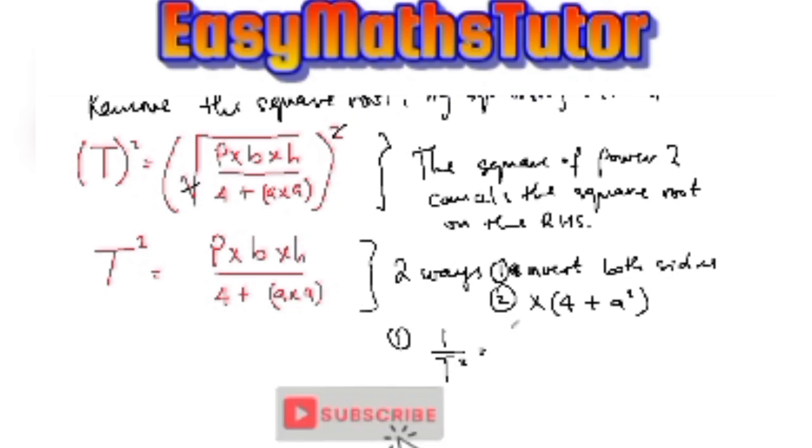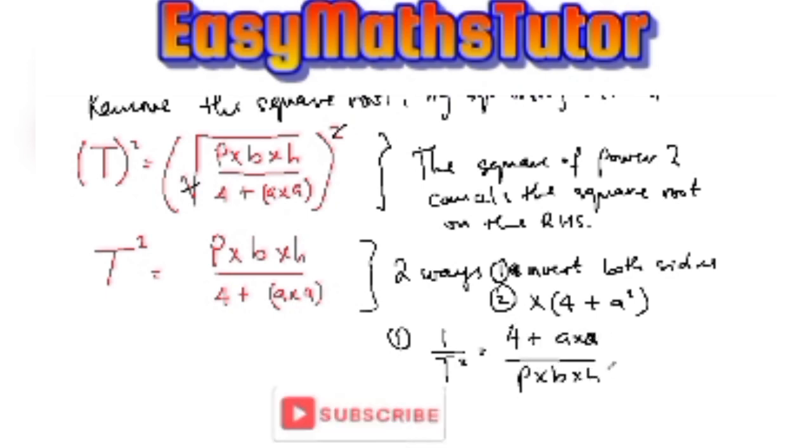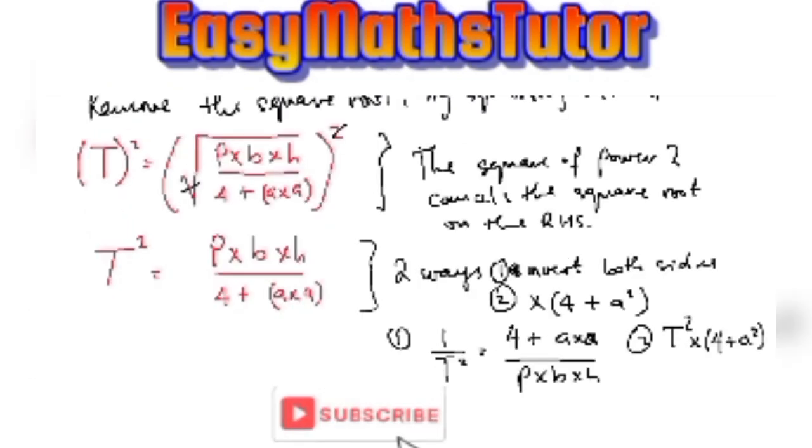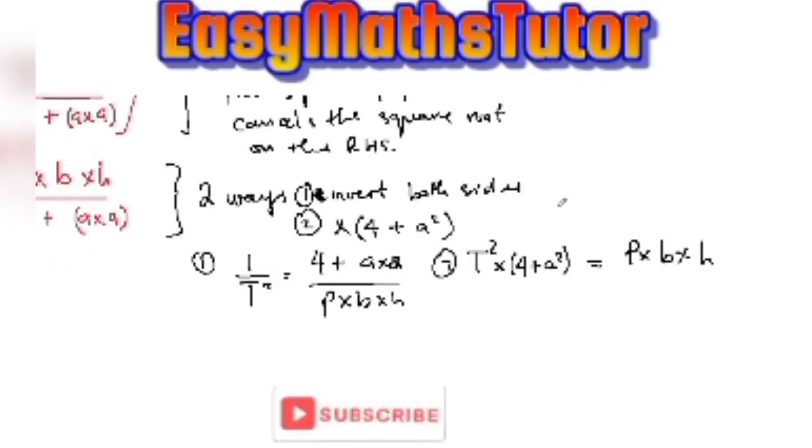Now the first method, if we flip over the left hand side, we'll have 1 over t square, and if we flip over the right hand side, we'll have 4 plus a square all over pbh. While the second method, we will have t square times 4 plus a square in brackets equal to pbh.